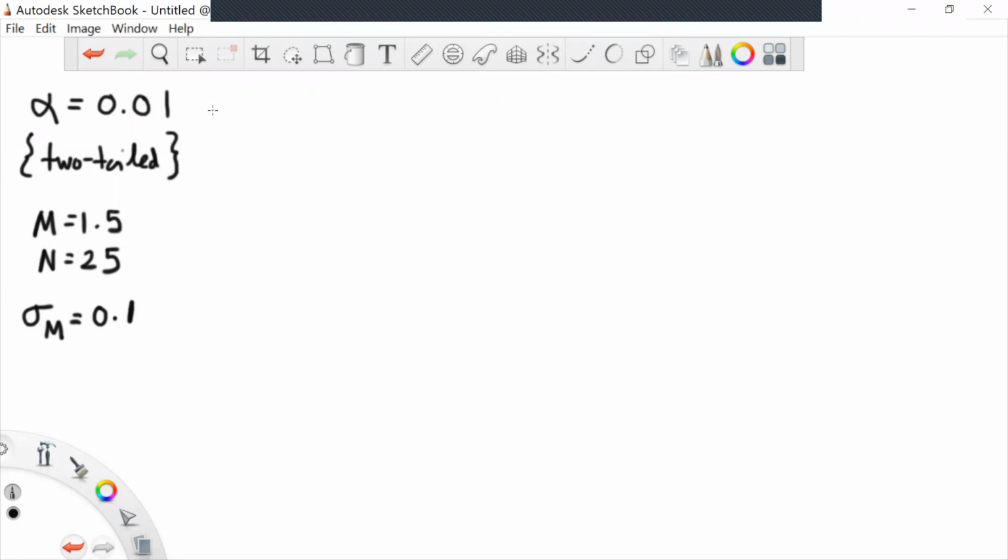We're going to have a lower z of minus 2.58. It's minus 2.58 because that's the 0.01 alpha level, two-tailed test. And the upper z will be the same value, just positive.